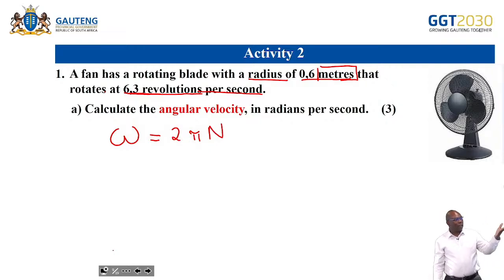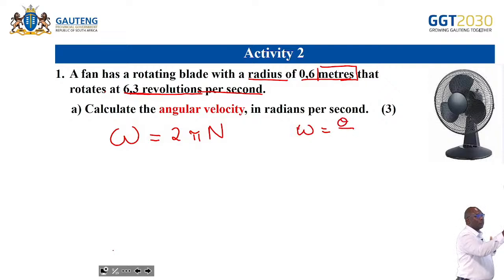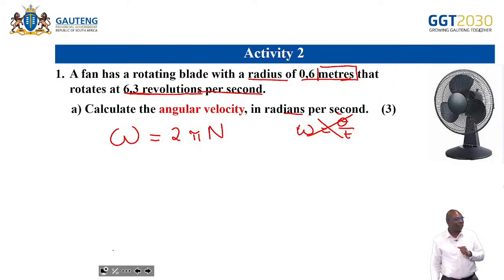That is the formula for finding that. We have another formula, omega equals theta over t. In this case, this formula will not be applicable. Why? Because we don't have an angle and we are not given time. Here we are given the number of revolutions, which is good. And they say it must be radians per second. I love that because now we are given that in seconds.